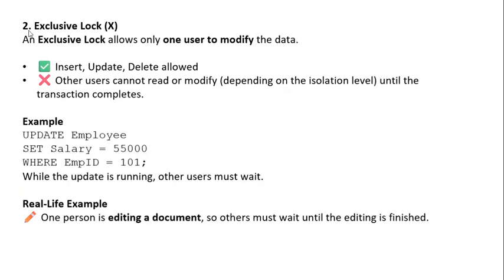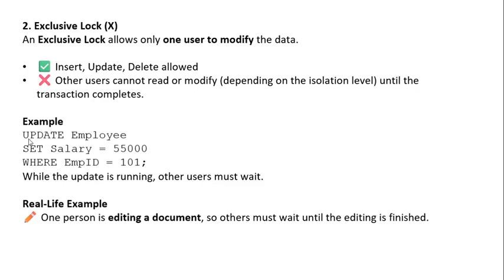The second is the exclusive lock. An exclusive lock allows only one user to modify the data. Insert, update and delete are allowed, and other users cannot read or modify it, depending on the isolation level, until the transaction is complete.